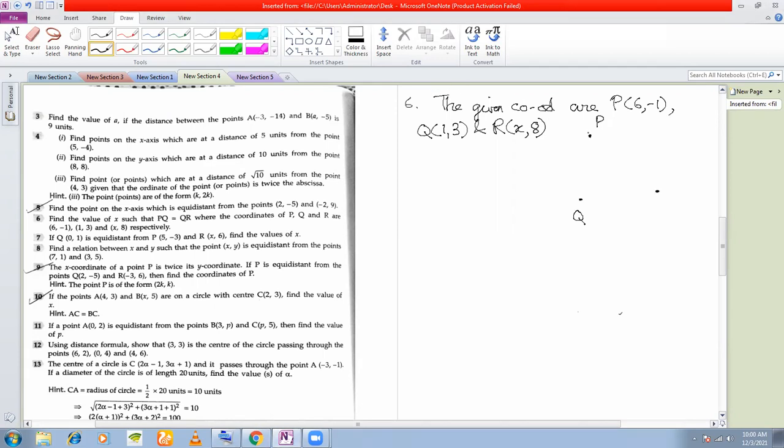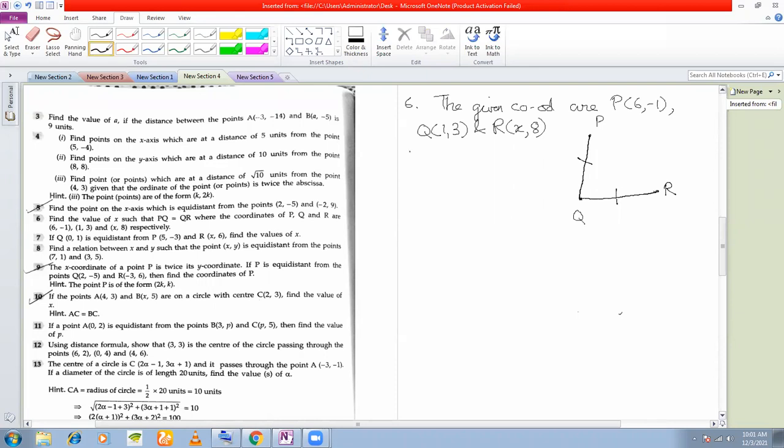So you need to find the coordinates of Q such that, if this is the point R, PQ is equal to QR. That means these two distances are the same. The question could also have been put in this manner: find the coordinates of Q such that Q is equidistant from P and R.